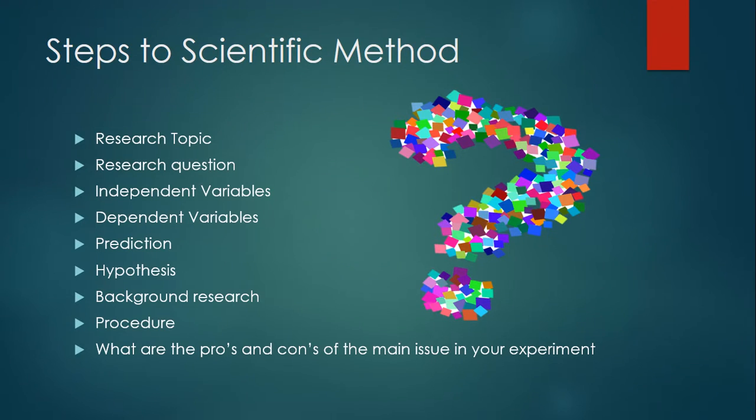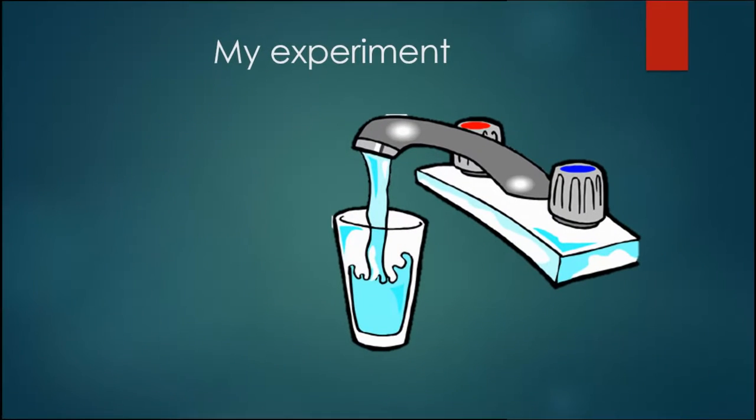And the cons might be, oh, now I've been drinking all of this water, I had no idea that I was doing it. And sometimes pros and cons can help with your hypothesis. I found sometimes they can help with your prediction. It really just depends on your experiment. So that point is completely optional, but let's move on.